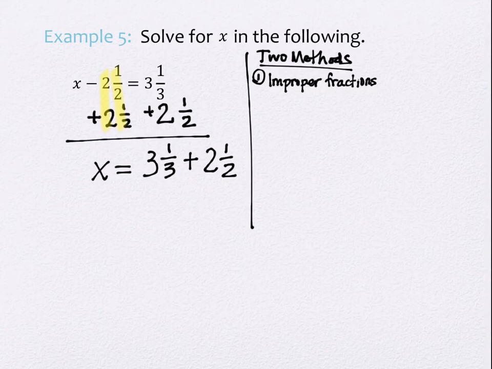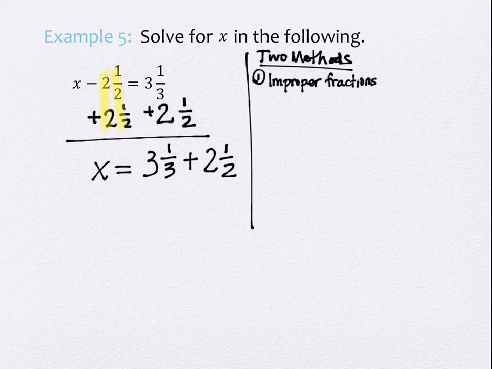I'll preface right now that this is what I learned, and I'm very familiar with it, but it is not the one I choose because I think the other method is actually easier. It doesn't matter to me which one you use, but there have been cases where I've asked people to show me both or to show me one specifically, so you do need to know both of these methods. But let me show you how it works.